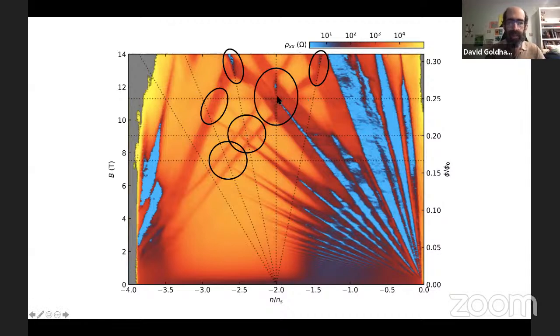And so my student, Joe Finney, who is quite resourceful, said, while I'm puzzling over this, let me just, for play, calculate the Hofstadter model. So that's magnetic field threaded through a periodic potential where you have hopping in two perpendicular directions, and the magnetic field adds phases to these hoppings.